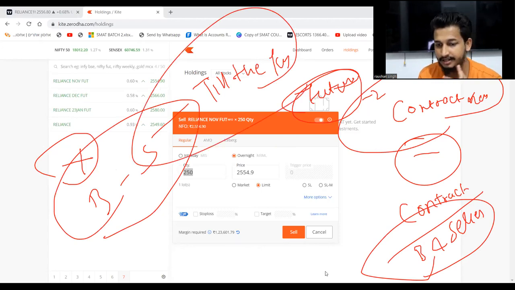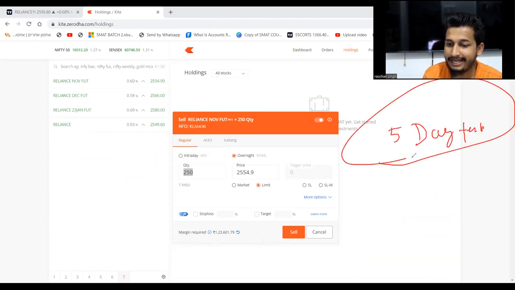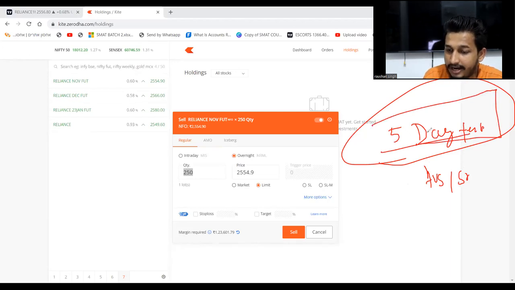Or I'll give you another example. Let's say this is a five-day test match, and two parties get into an agreement, say Australia versus Sri Lanka. Till this test match is over, you will not know who has won or lost. So let's say you bet that if Australia wins, you win.